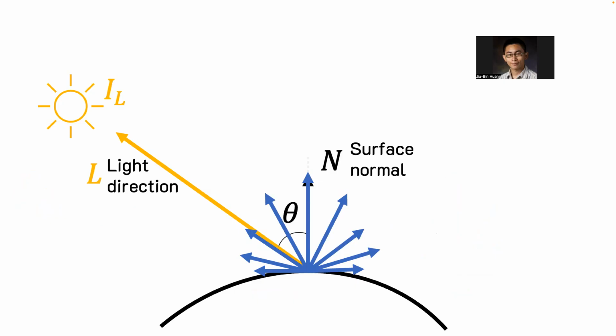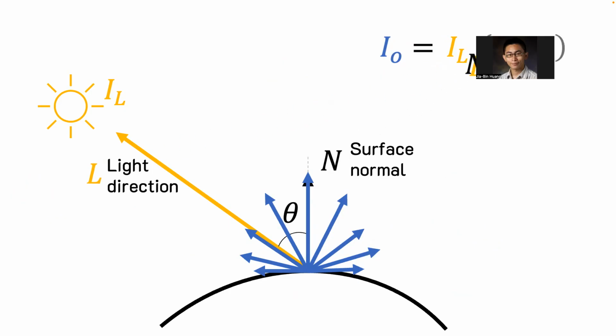So you can model this behavior by saying that the output light you see from any direction equals the input lighting strength times cosine theta, where theta is between the lighting direction and the surface normal. It sounds like just a random equation, but why do we care about this?